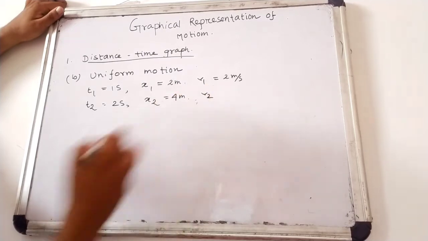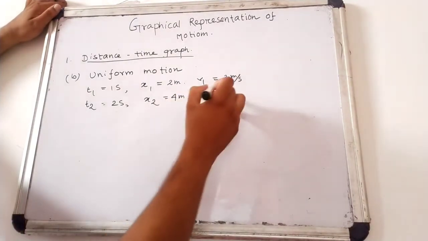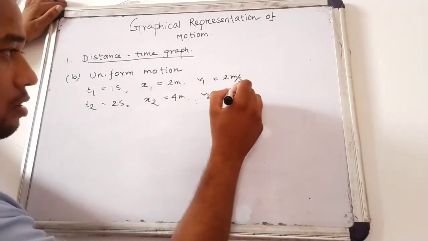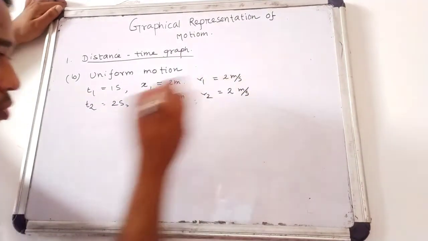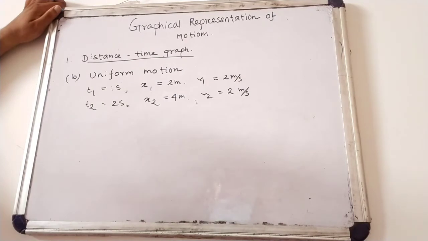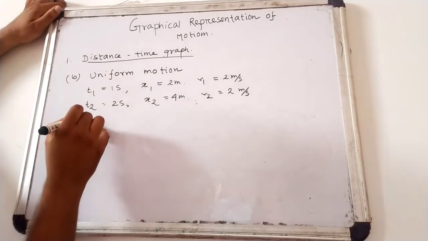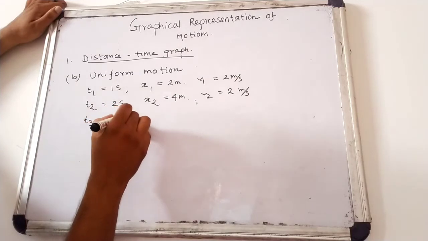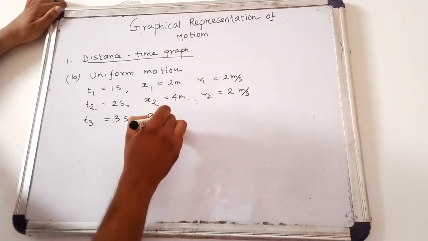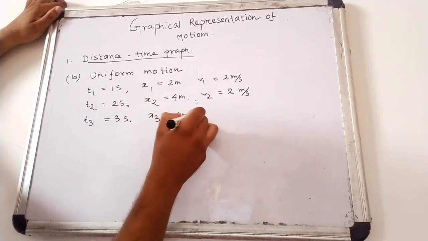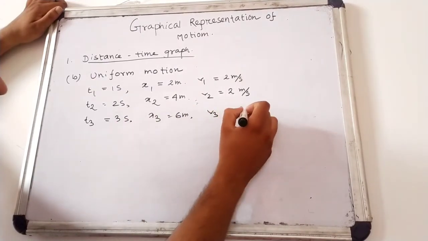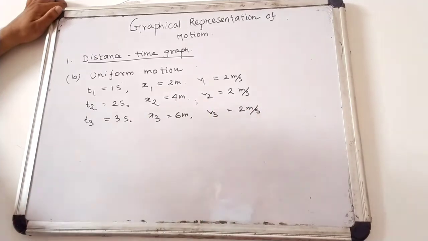Then in this case the velocity will be 4 by 2, again 2 meter per second. Next, at t3 equals 3 second, suppose the distance is 6 meter. So here also velocity is 6 by 3 equals 2 meter per second.